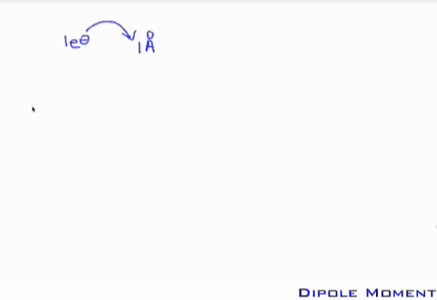Well, if I apply my calculation, the calculation said mu equals the amount of charge separated. It's 1 electron. What's the charge on an electron? Well, 4.8 times 10 to the minus 10 electrostatic units. We're moving at a distance of 1 angstrom.